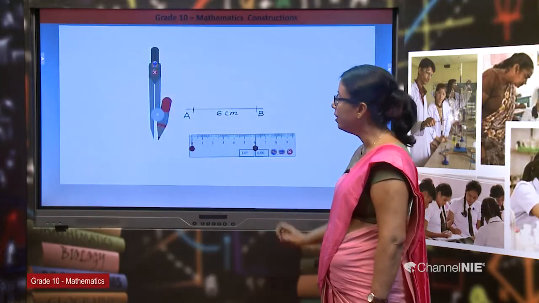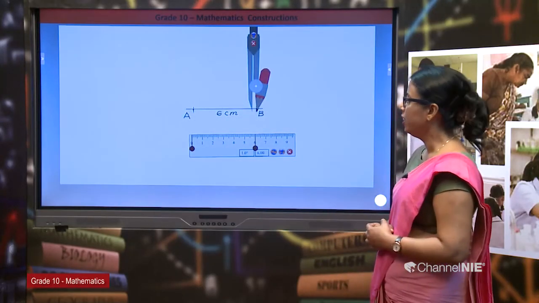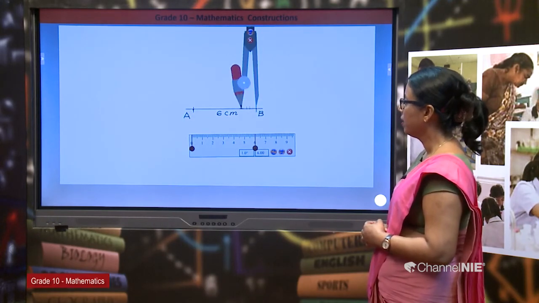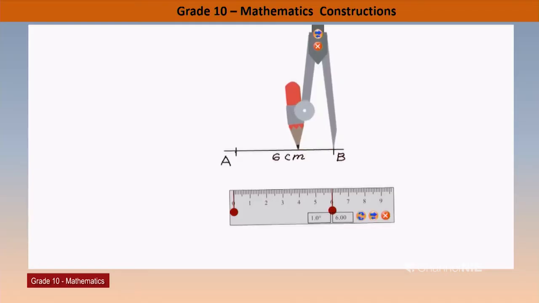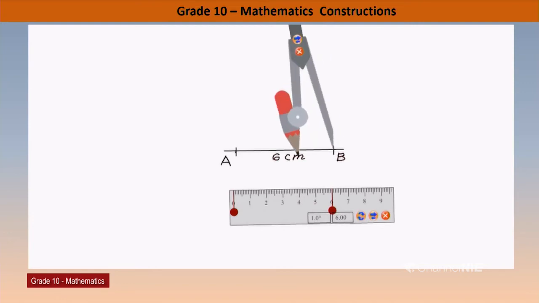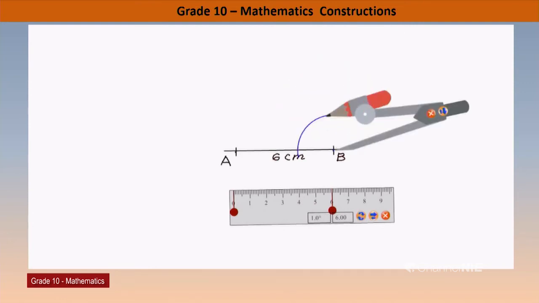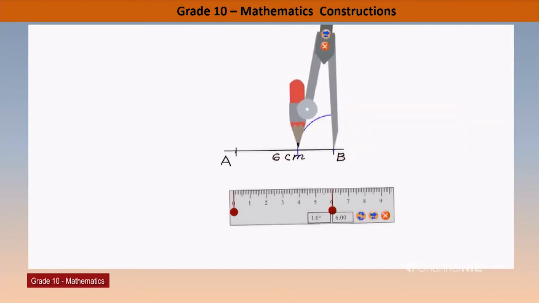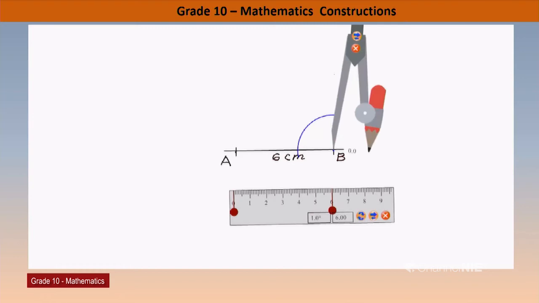We have learned earlier, AB line segment 6 centimeters. Next, we want to construct 60 degrees on B. Construct any arc, do not change the radius. There is an arc and line intersecting, there is a point.